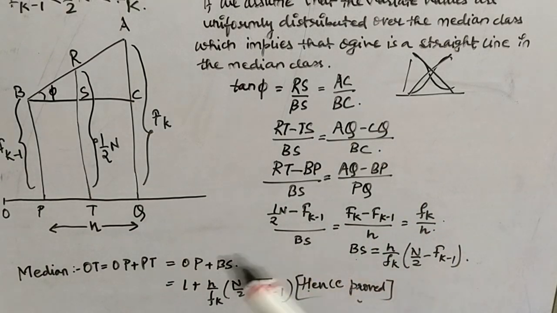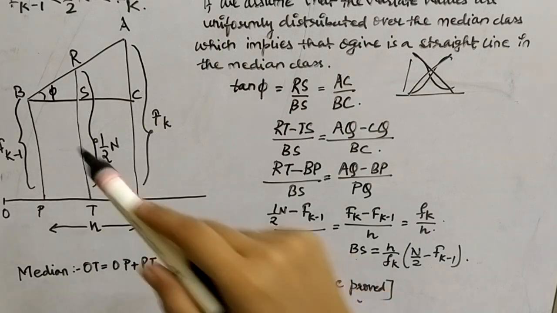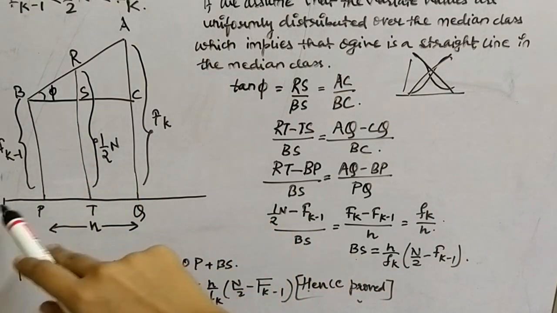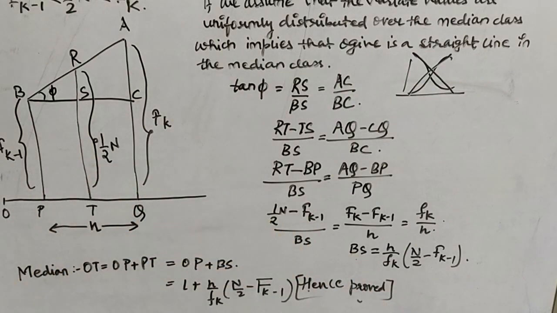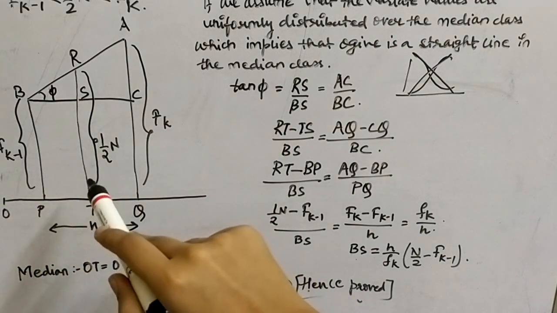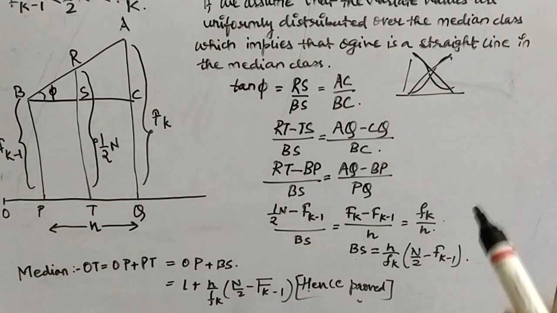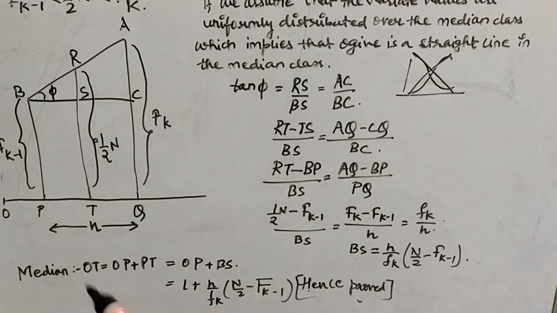Okay. Now what is median? Median is nothing but the middlemost value. Okay. So OT is the middlemost value, and we have to find out the value for OT, which is the median. Now you can divide OT into OP plus PT, right?